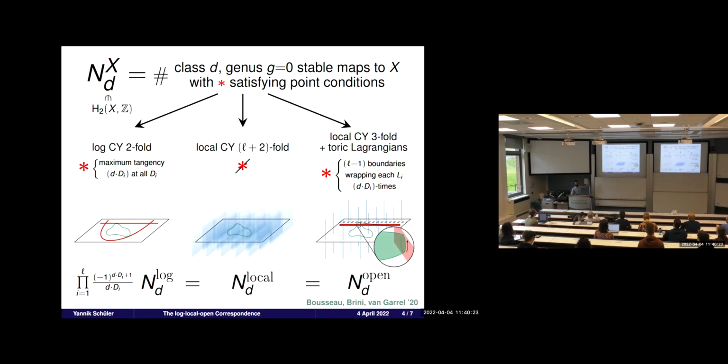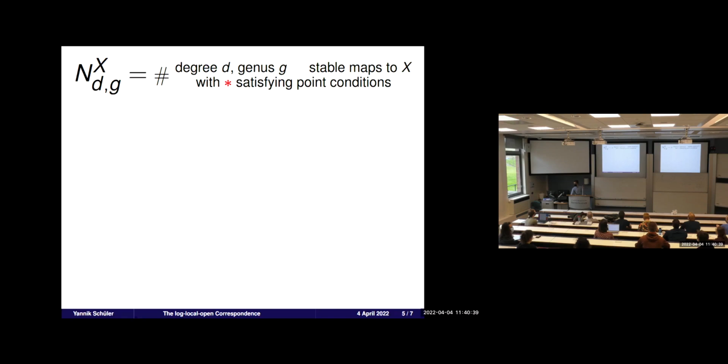And if you ever try to compute these numbers, it looks like such a relation is actually a miracle. Right, and this was uncovered by Bousseau, Brini, and van Garrel. So one you already heard speaking here, the other one left the room earlier because he knows the stuff too well. And now one could ask, can we push this also to higher genus?